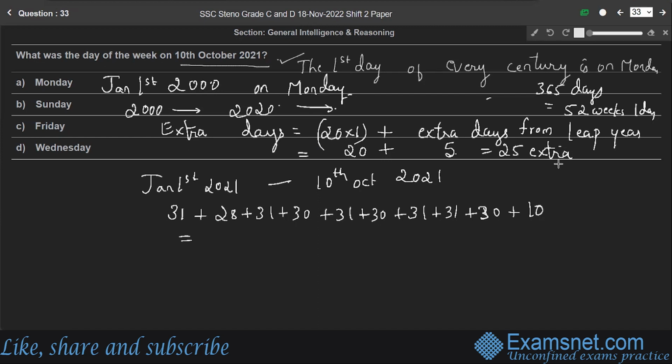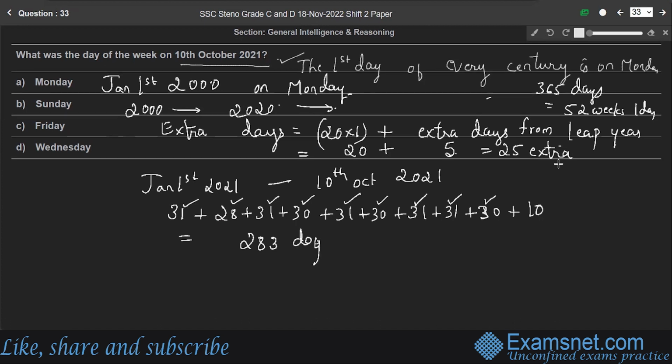So altogether it becomes 31, 28, 31 becomes 90, plus 30, 120, 151, 181, 212, 243, 273, 283 days. Therefore, the total days are 283 days in the year 2021, plus 25 extra days.